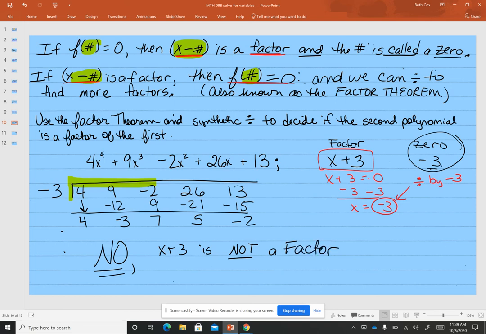Why? Because f of negative 3 is not equal to 0. Or f of negative 3 is equal to negative 2, not 0. Goes back to that remainder number.